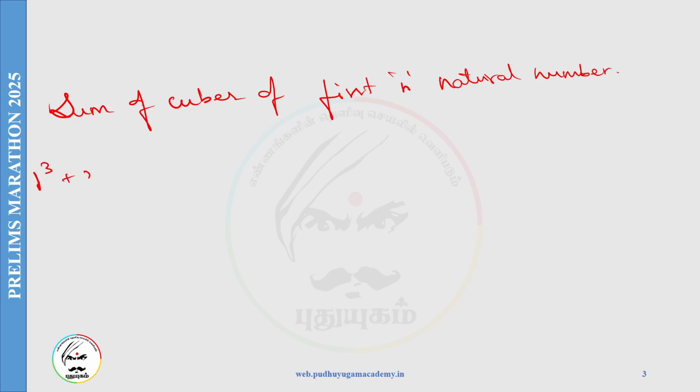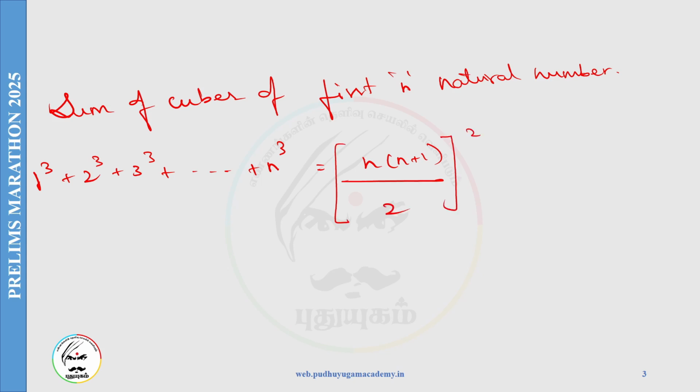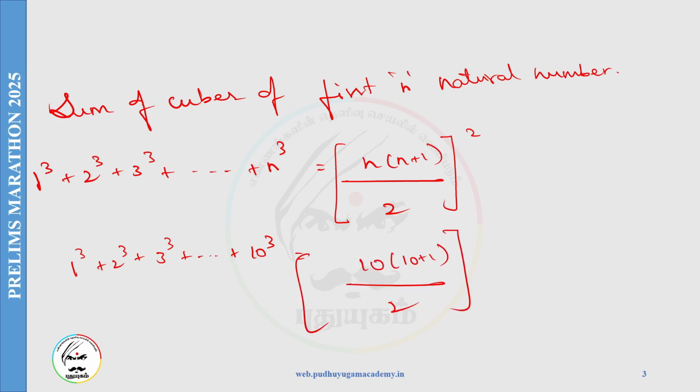That is 1 cube plus 2 cube plus 3 cube plus up to n cube is equal to n of n plus 1 divided by 2 the whole square, right? So let's take the example. 1 cube plus 2 cube plus 3 cube plus up to 10 cube, which is equal to 10 into 10 plus 1 divided by 2 the whole square, which is equal to 10 into 11 divided by 2 the whole square.